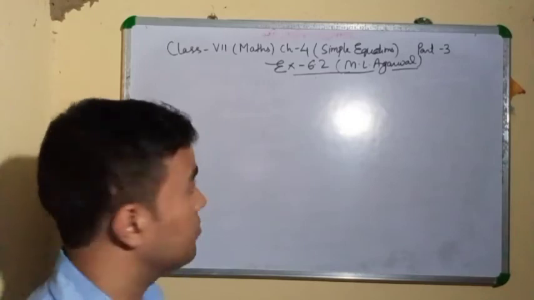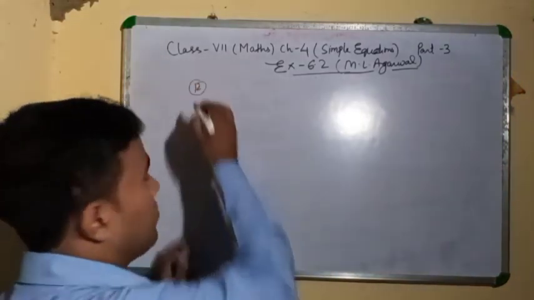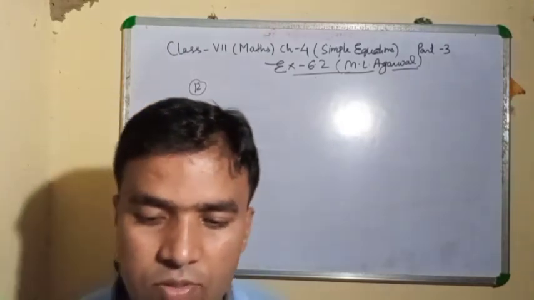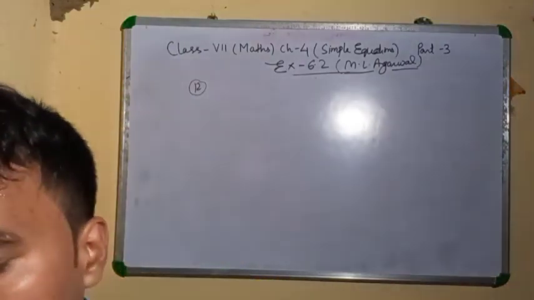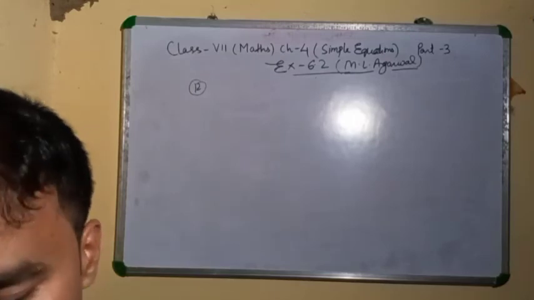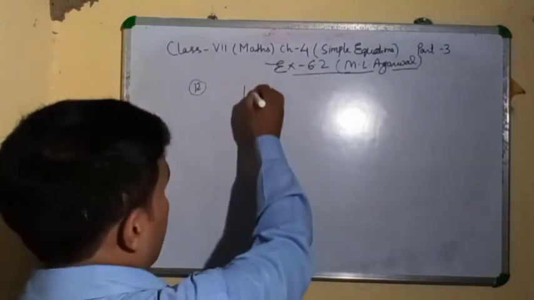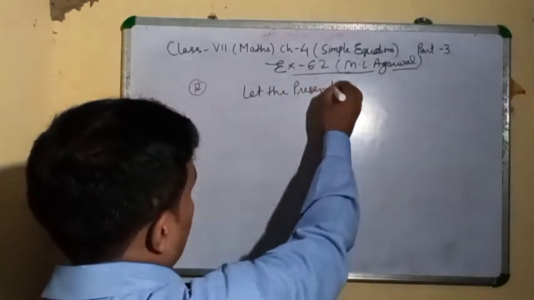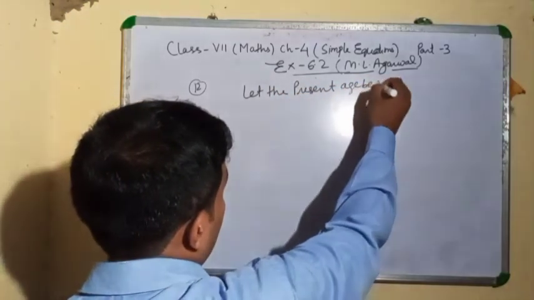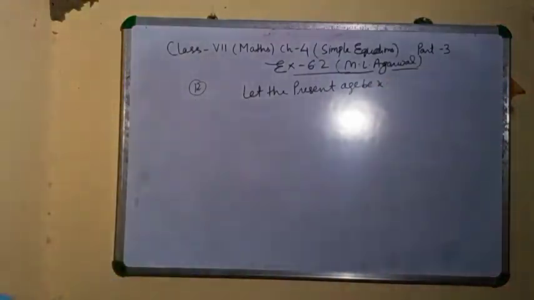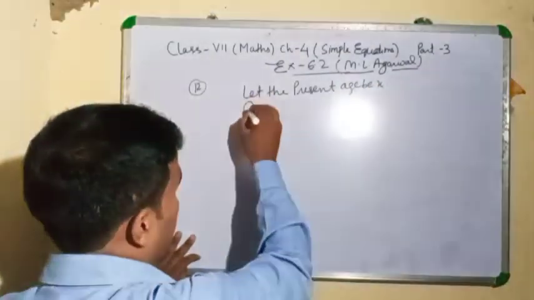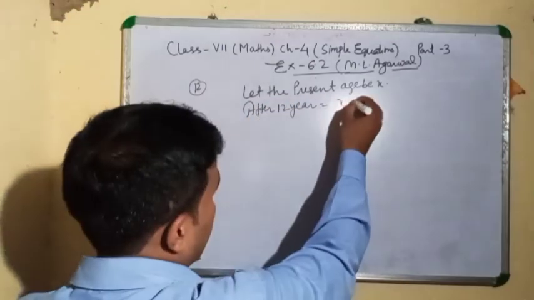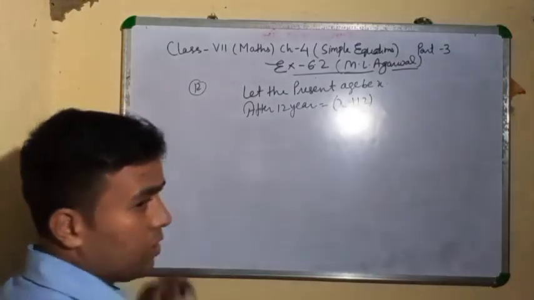Question number 12. After 12 years, I shall be 3 times as old as I was 4 years ago. Find my age. Let the age be x. Clear? After 12 years. When 'after' is given, means you will do plus, x plus 12.